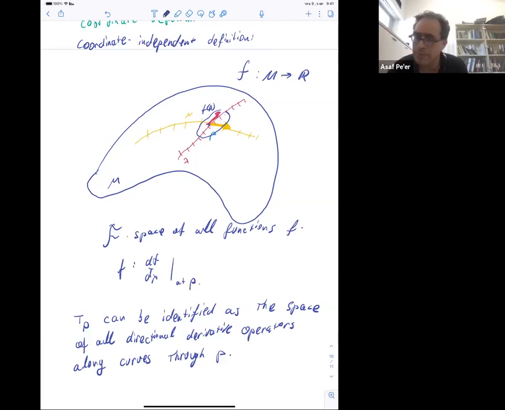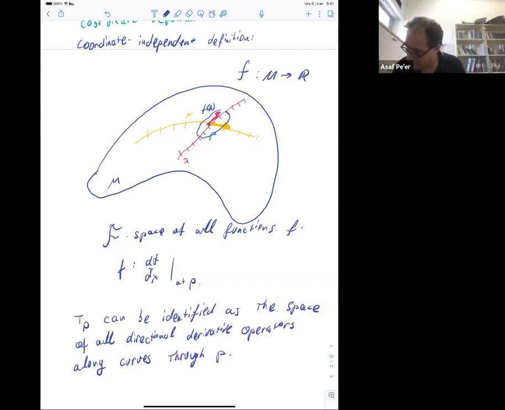For every point on the manifold M, it gives me a set of numbers, but done in a more general way. And when I go along the curve, the directional derivative along the curve, I can view it as an operator in this space. Namely, I'm taking the function f and I turn it into another function, which is df d lambda.